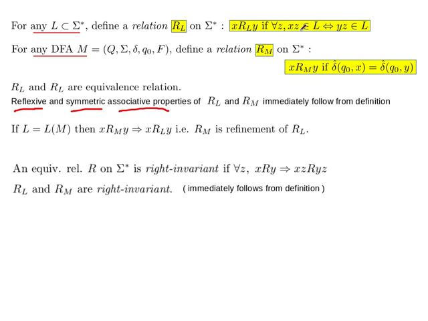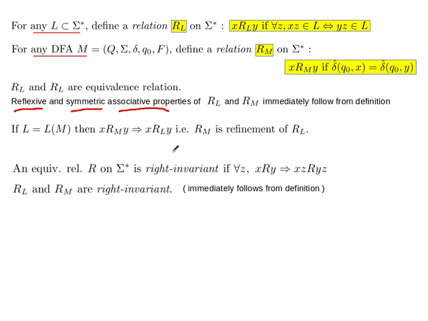And again, you can just switch this x and y here, so they are symmetric and transitive because xz in L if and only if yz in L, if and only if some y prime z is in L. So these properties immediately follow from this definition, and similarly for this Rm.